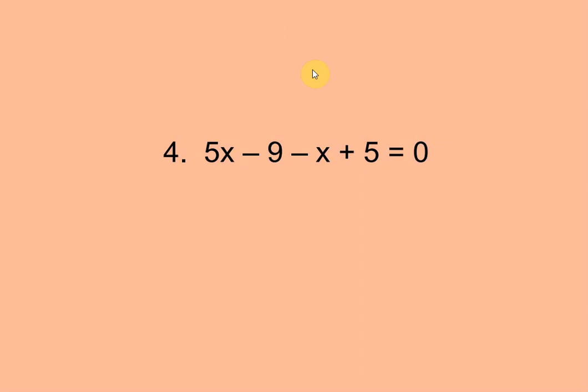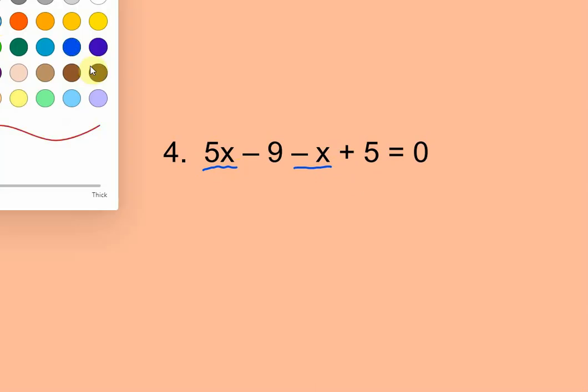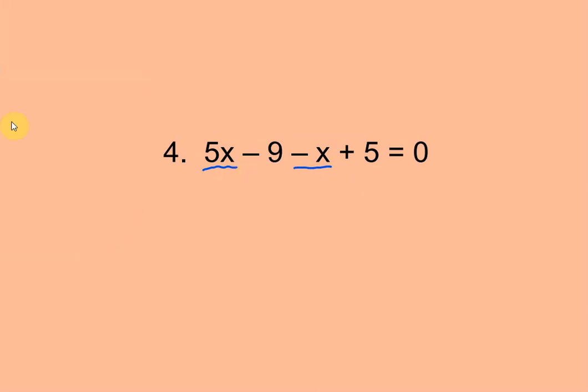If we look at the equation, our like terms are 5x and negative x, and we have a negative 9 and a positive 5. Now, when we have terms that are already on the same side of the equation, we do not do the opposite operation to combine them.